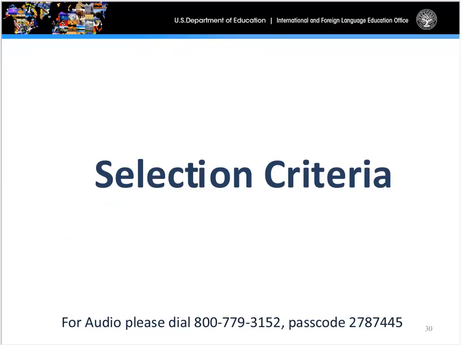Some of them have participated in GPA programs in the past. Some of them have been project directors or participants, but they are people who are experts in the host country to evaluate your project. These are the selection criteria that they will use. This is the rubric they will use to score your application, and this is the guidance that we will give them to help them score.